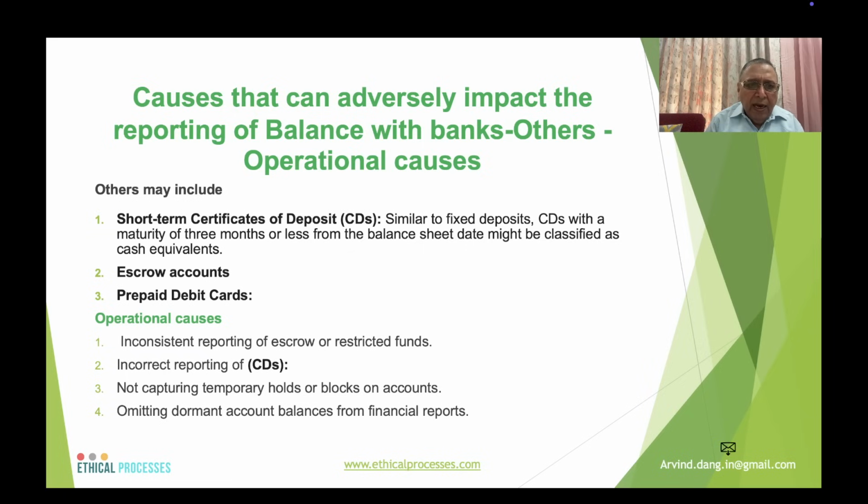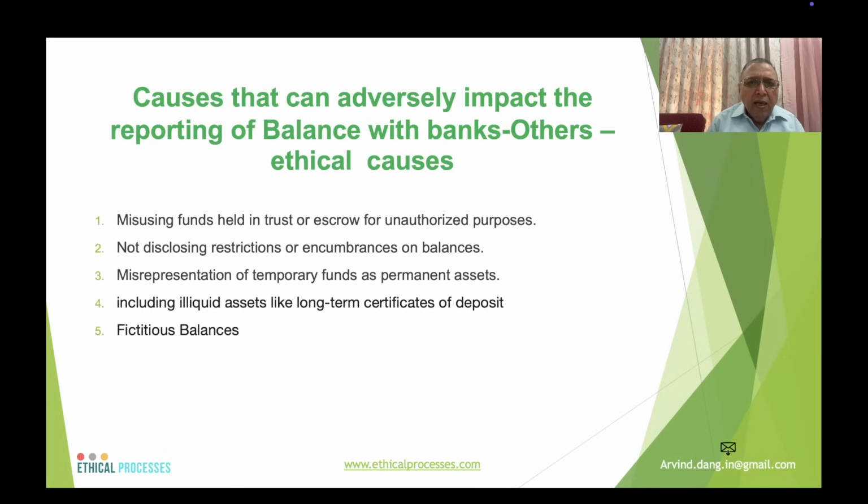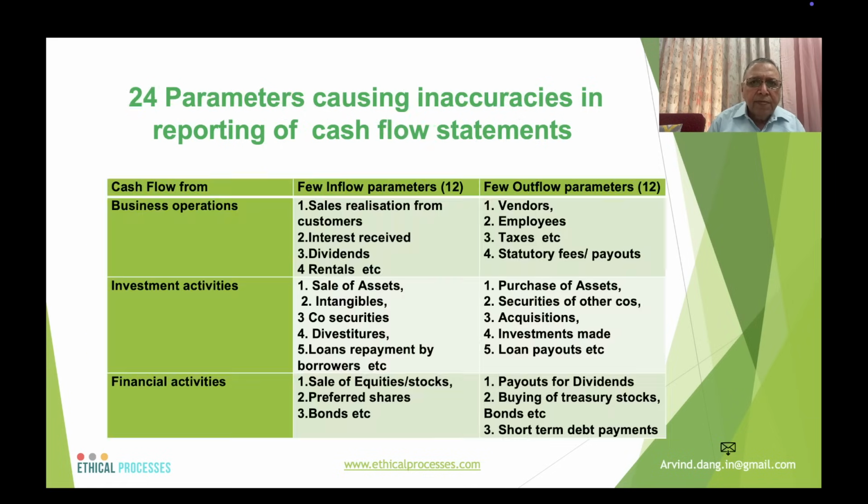Operational causes: inconsistent reporting of escrow or restricted funds, incorrect reporting of the CDs, not capturing temporary holds or blocks on accounts, omitting dormant account balances from the financial reports. Very important point. Ethical causes: misusing funds held in trust or escrow for unauthorized purposes, not disclosing restrictions or encumbrances on the balances, misrepresentation of temporary funds as permanent assets, including illiquid assets like long-term certificates of deposit, and fictitious balances.